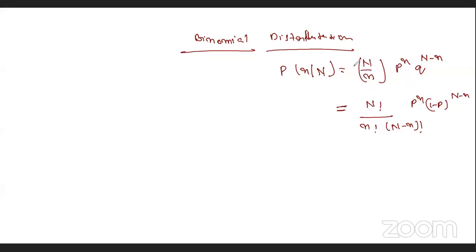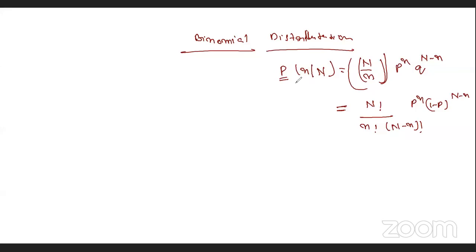This is the probability distribution function for a binomial experiment. A binomial experiment is one where you perform some kind of experiment and expect a result like 0 or 1, or success or failure.